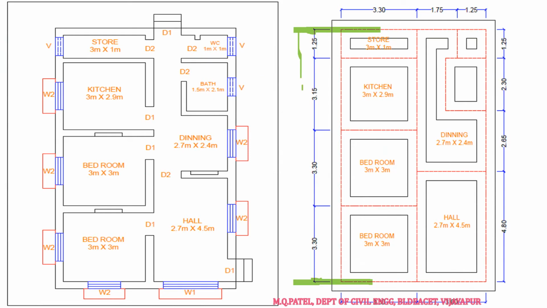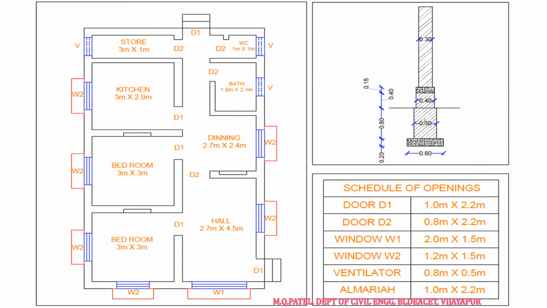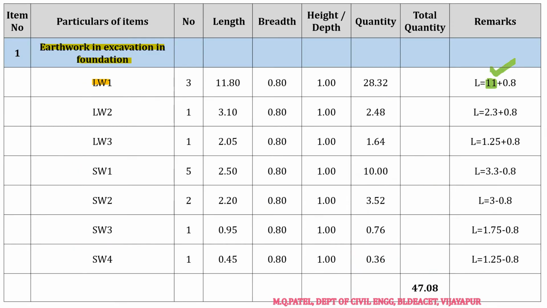Now next, I have to take the long wall, so what we do, we are going to add. So now what has to be added? If you see now, the width of excavation, that much width has to be added. That means half has to be added at top and half has to be added at bottom, right?